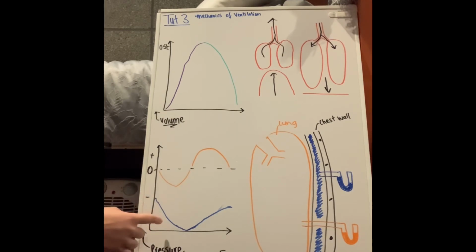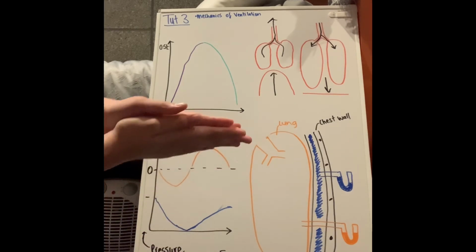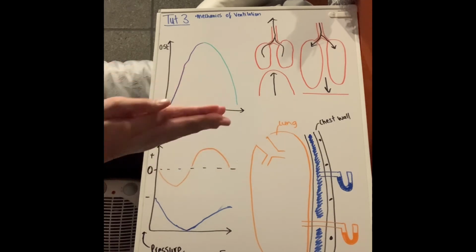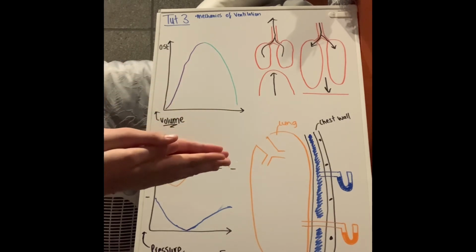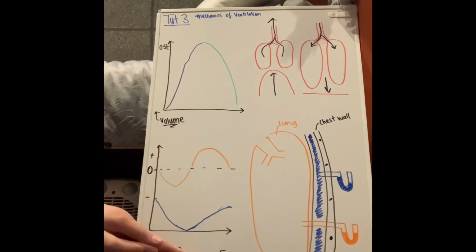And then with your pleural pressure, aka the pressure between these two pleura, the parietal and the visceral, it has to stay negative so that they're stuck together. If it wasn't negative, they'd just flop around, they wouldn't touch, but negative in order to keep them together.